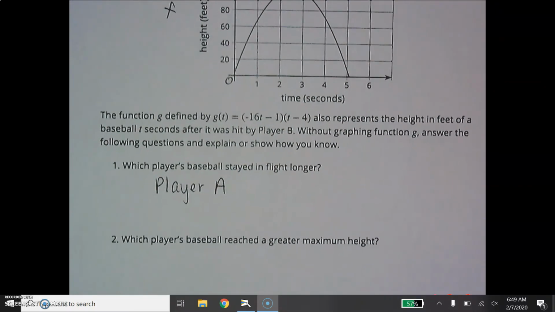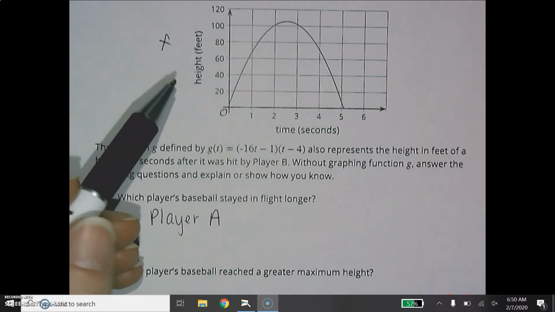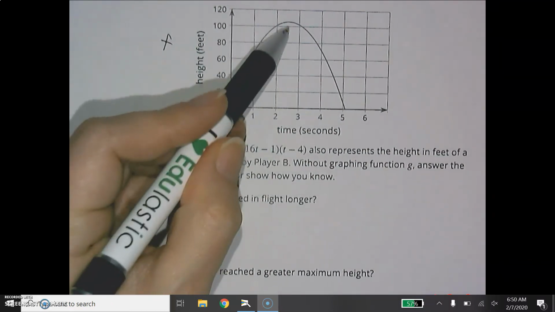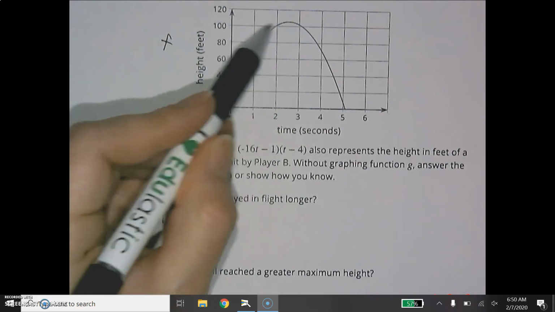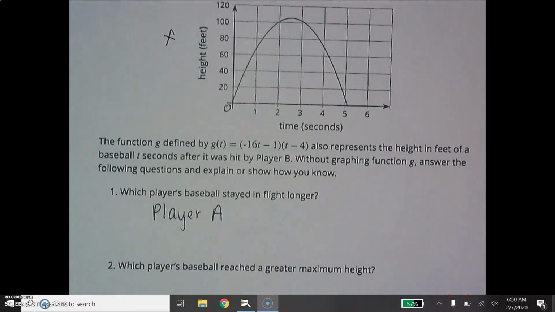Second question says which player's baseball reached a greater maximum height? So for this, looking at the graph for player A, this maximum is just over 100 feet. We're not exactly sure what that is.